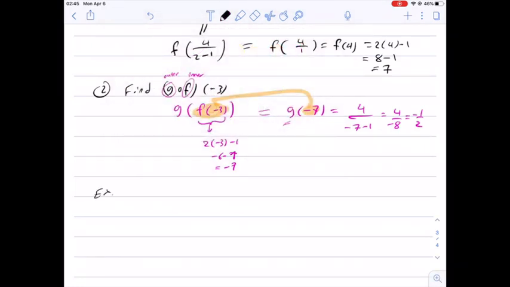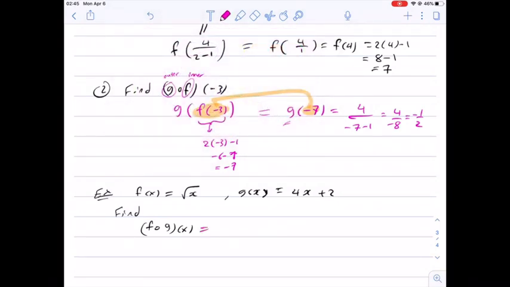Now let's focus on the domain of these functions. So if we have the function f of x equals square root x, and g of x equals 4x plus 2, and we want to find f compose g of x.